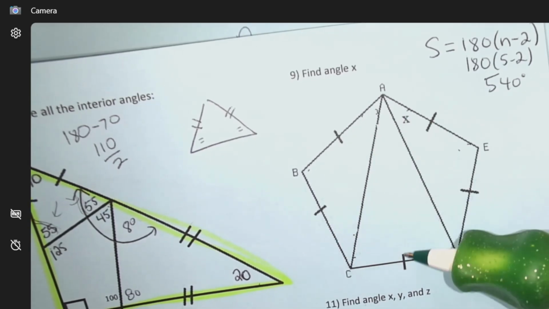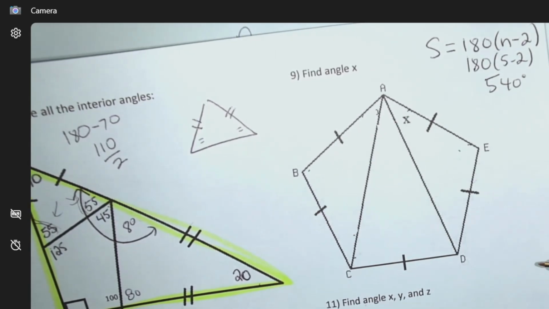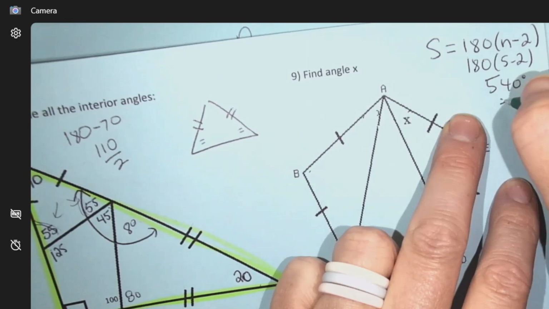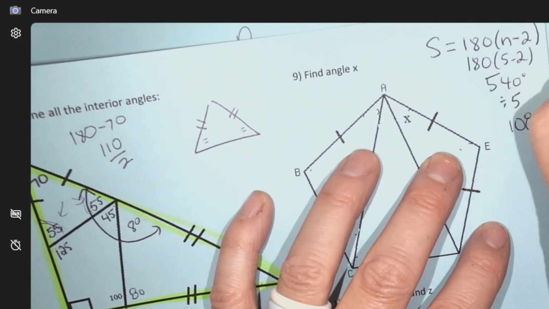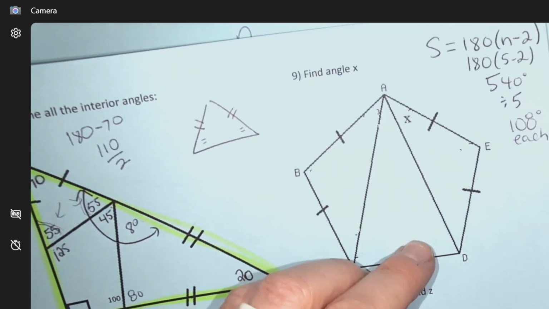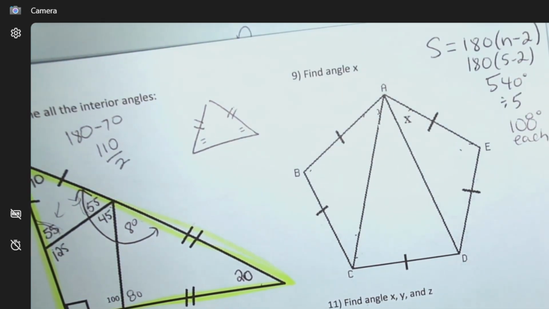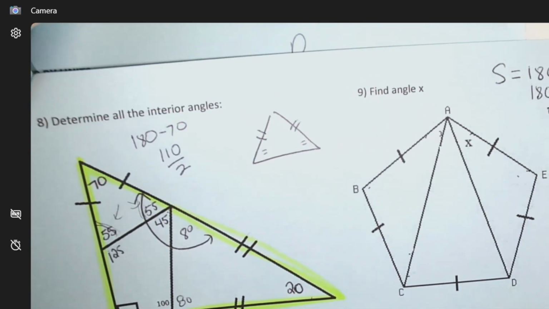Now, on this shape, all these tick marks mean all the sides are the same. So what do you know about all the angles? They're going to be all the same. So if I divide this by 5, each corner is 108. So what does that mean?